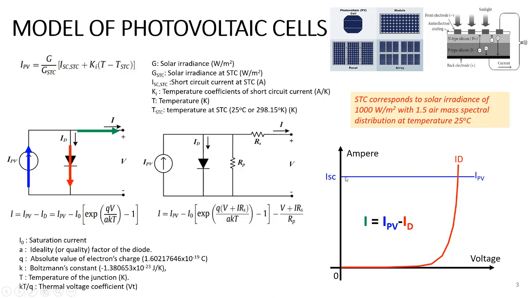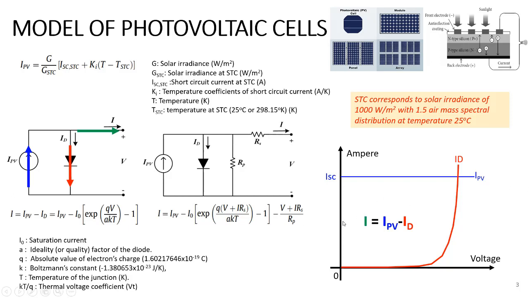This is the first special point on the VA response of the PV. However, it should be noted that this only happens in the ideal circuit, while in the practical circuit, the real value of ISC is a bit lower than the IPV because of the existing losses.